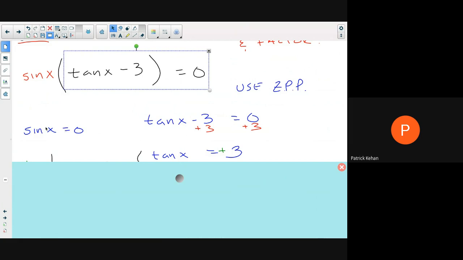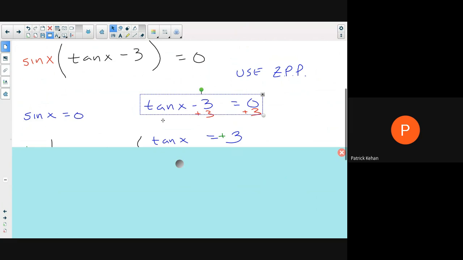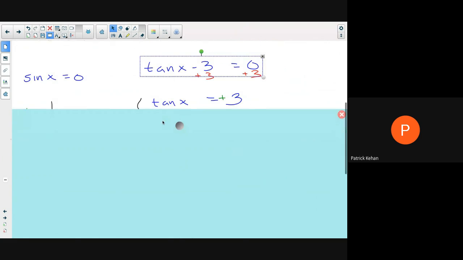We're not done with this, but this factor is essentially ready to start finding angle solutions. Over here with this factor, we need to isolate tan x, so I'm going to add 3 to both sides, and then we go into our standard equation solving practice. You want to look at the value of the ratio, determine what quadrants our angles are located in, and take the inverse sine or tangent if necessary.